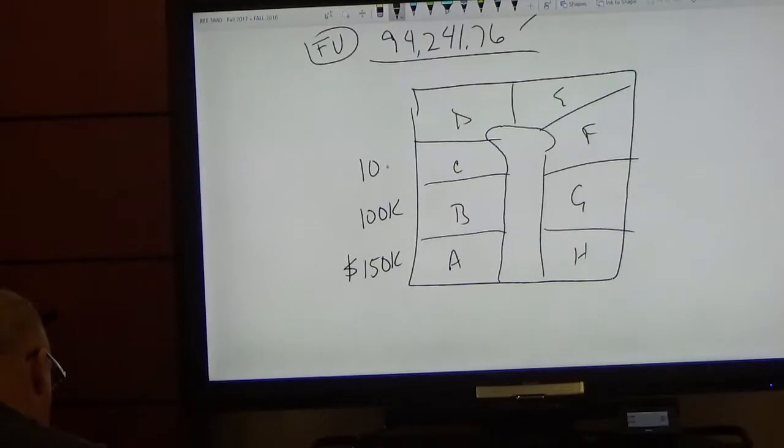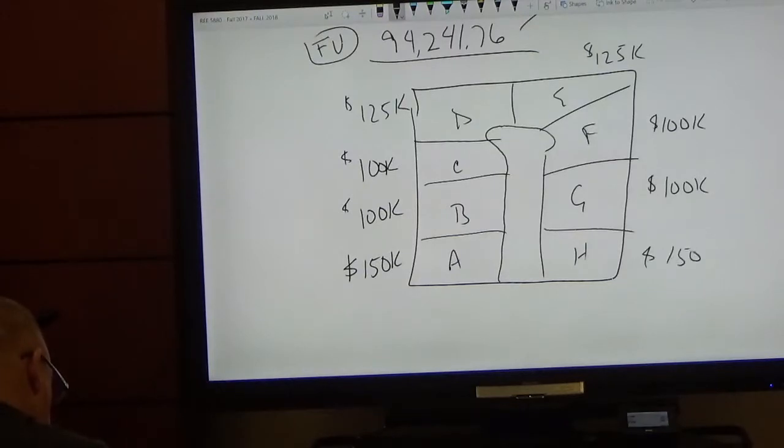I'm just going to throw some numbers out here. I don't know if any of these are realistic, but we're just going to throw them out. Okay, 125, let's say. Now the total value of everything combined, if I did my math right, is $950,000 for all that land.